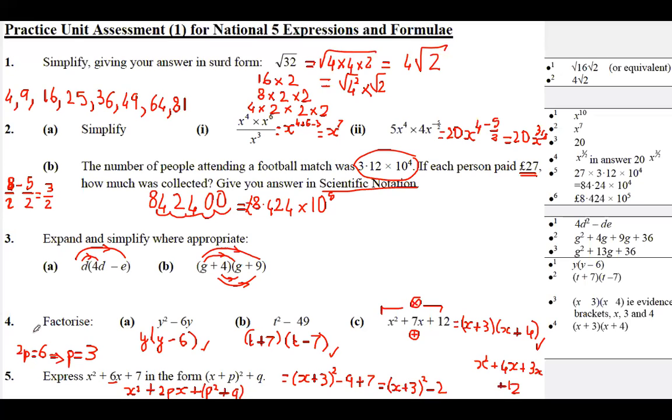So then you write 9 plus q. I hate 9 and q because they're so similar. 9 plus q equals 7. You take away 9 on each side, and that's you. You've got your q. What's 7 take away 9? -2.